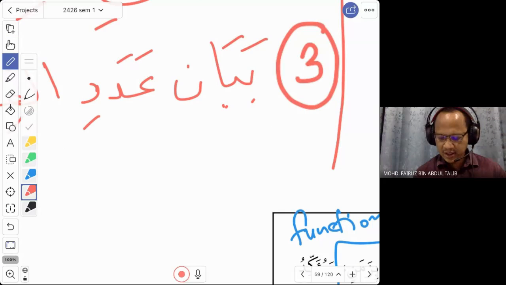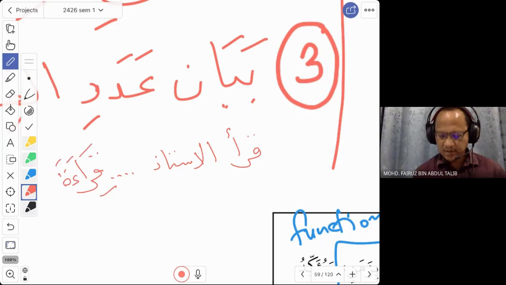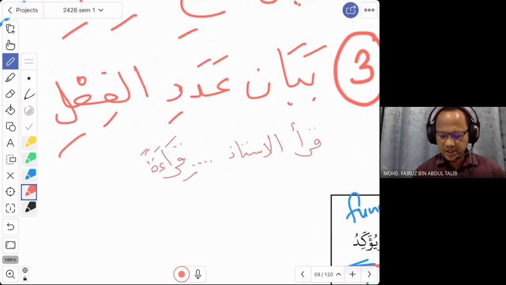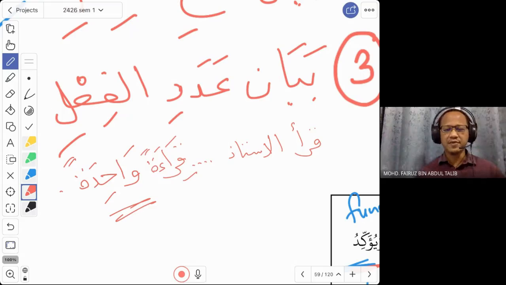So we say qara'al ustazu al-qissata qira'atan. How many times? We want to say 1 time. He read it 1 time only. You just add the number. Qira'atan wahidatan. So by having a number at the end of the masdar, the function is now changed from tawkid to bayan al-adad.